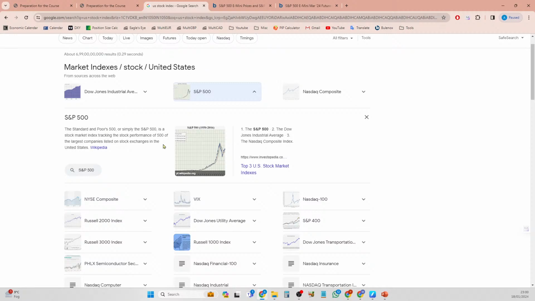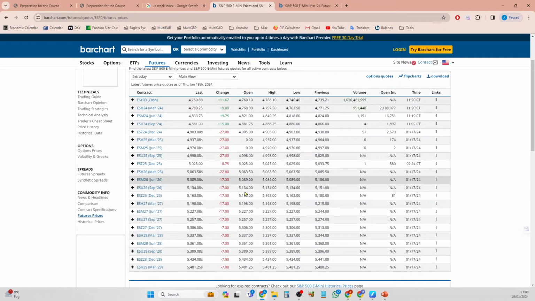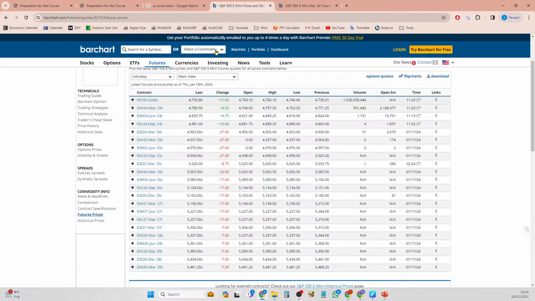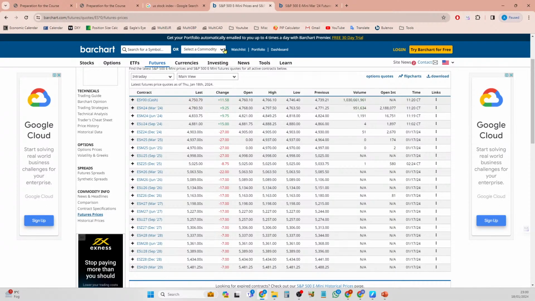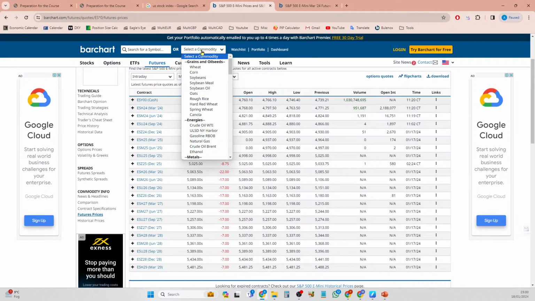So how does that look? Let's go to a site called barchart.com. And from this tab over here, just click on select a commodity, and you can scroll down. Now, these are all commodities that are traded in form of a futures contract.